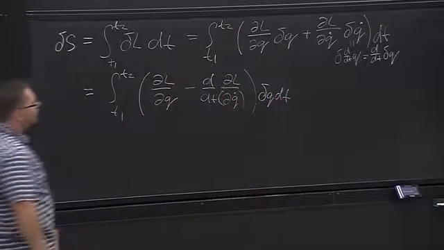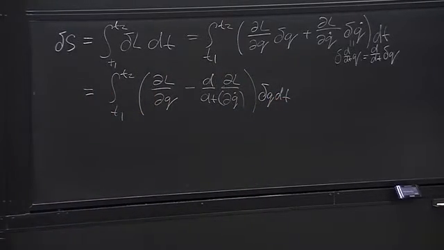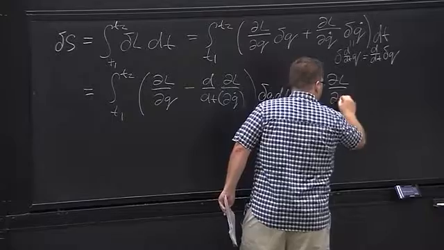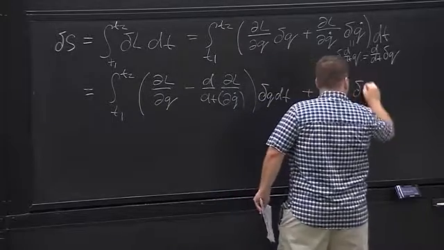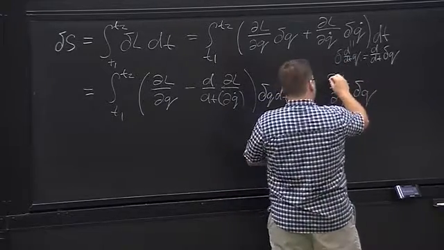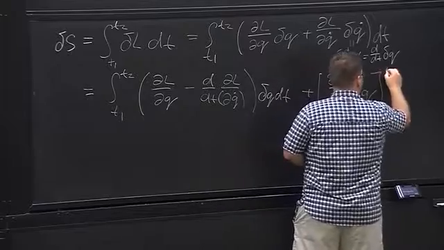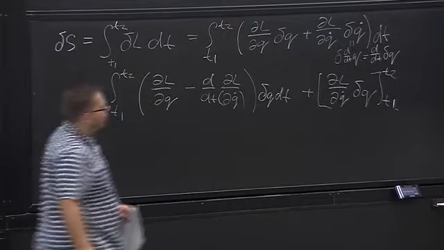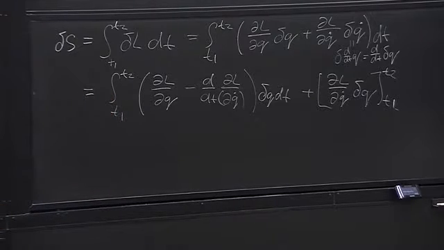This is when I integrate by parts, but I also pick up the boundary term, plus dL over dq dot times delta q, from t1 to t2. Okay, so this is just an integration by parts.